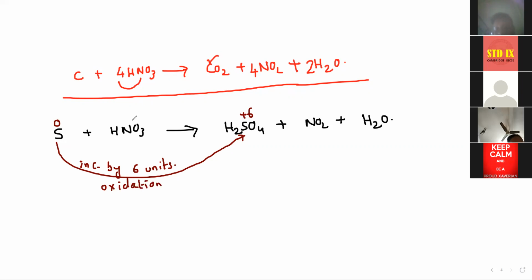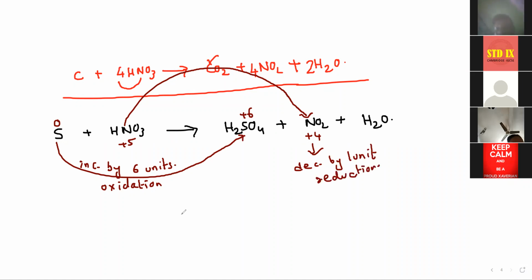For nitrogen, what you are having? Here it is +5. Here it is how much? +4. So +5 to +4. Basically decrease by 1 unit, which is a reduction.